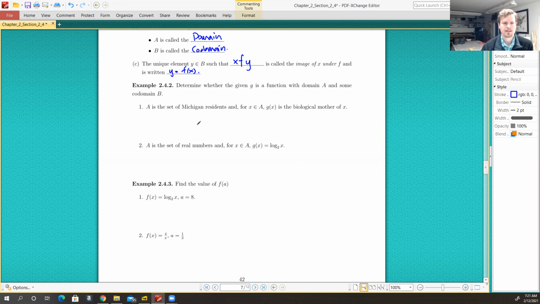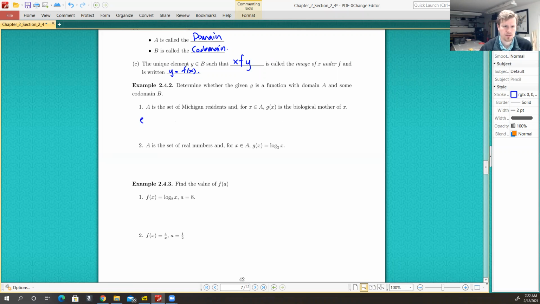All right, so A is the set of Michigan residents, and for each Michigan resident, g of x is the biological mother of x. So the question is two things, right? We have to have that each element of A has an image, and then we also want to make sure that it has exactly one image. Okay, cool.